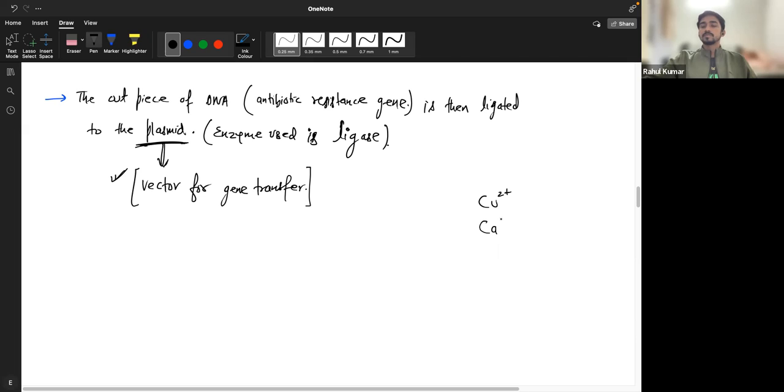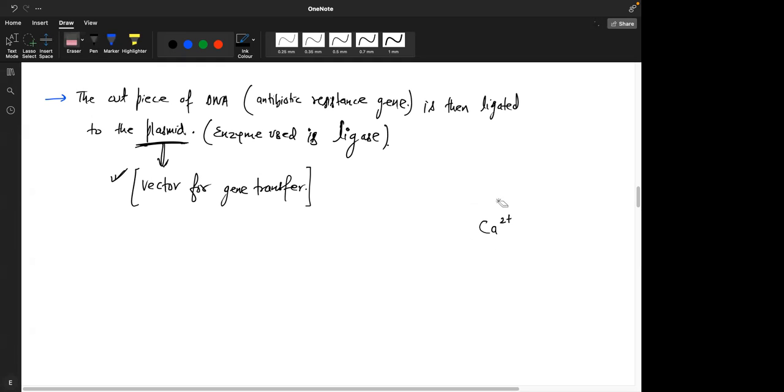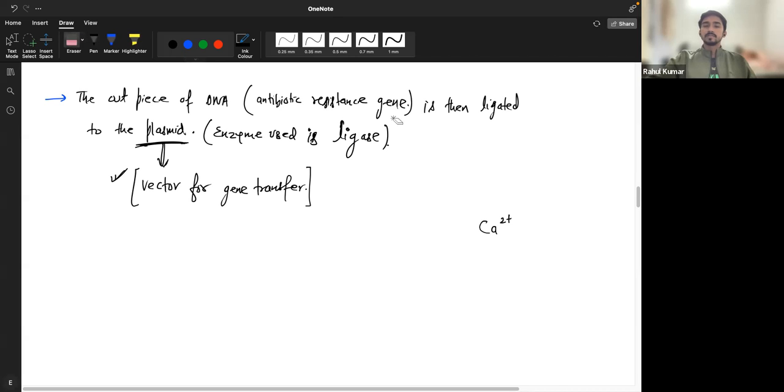Can I use calcium also? Yes, anything will work. So exactly, we use calcium ions in making cells competent.